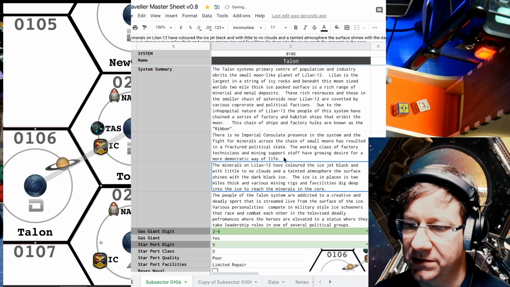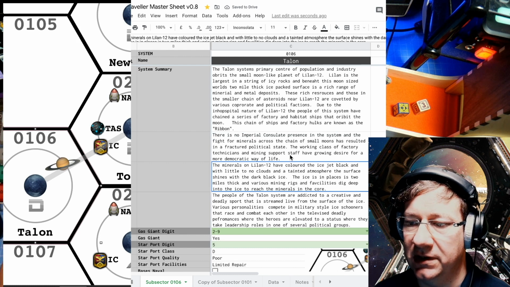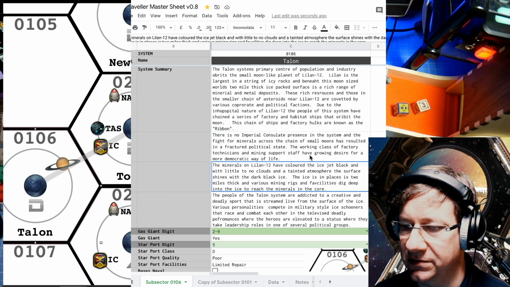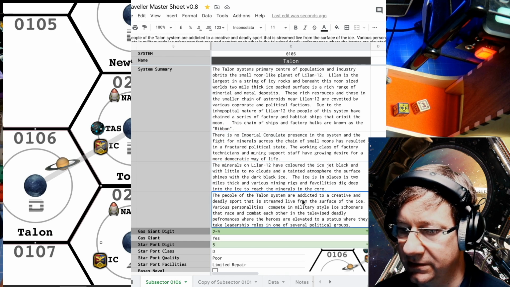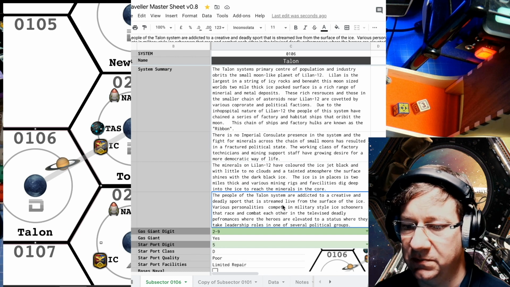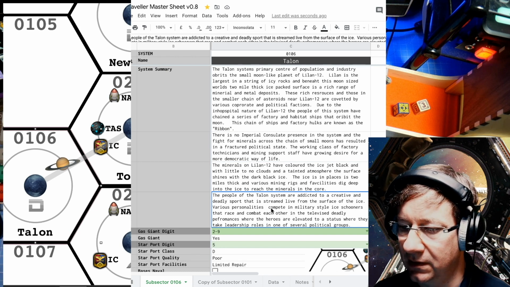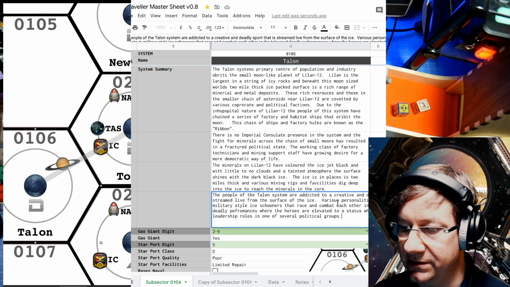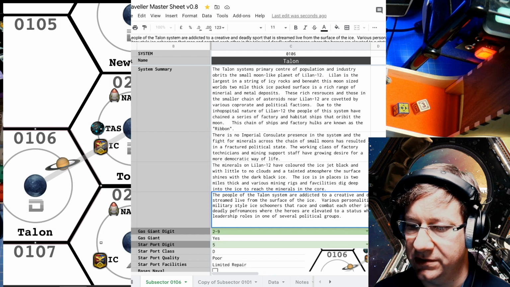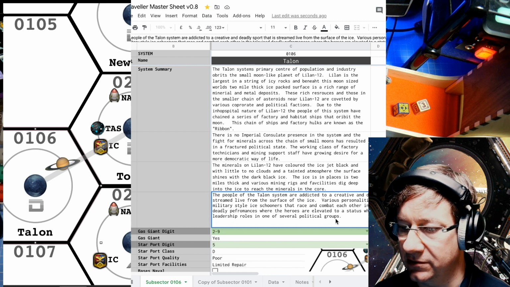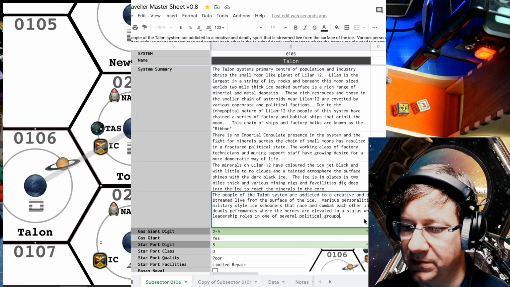Chain of small moons has resulted in a factory political state. The working class of factory technicians and mining supports have a growing desire for a more democratic way of life. However, they are addicted to the streaming sports, in which various personalities compete in military-style ice schooners that race and combat each other in the televised deadly performances.